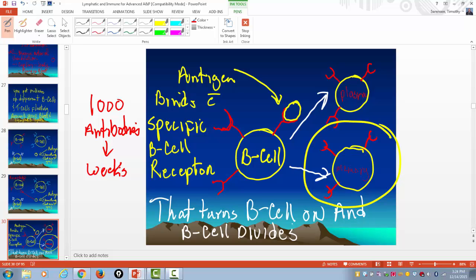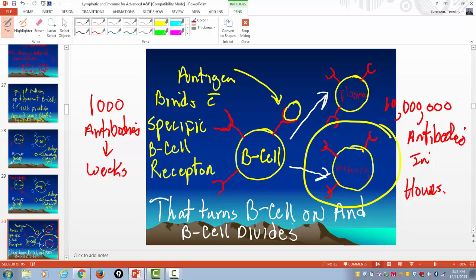On your second exposure, because you have memory cells, these memory cells remember what you were exposed to. So instead of making 1,000 antibodies in weeks, you make 10 million antibodies. I'm exaggerating, but just for a point. In hours.